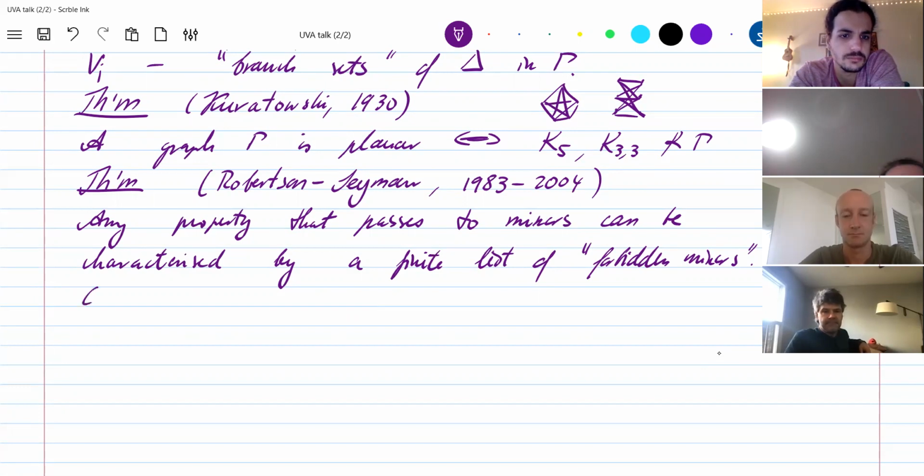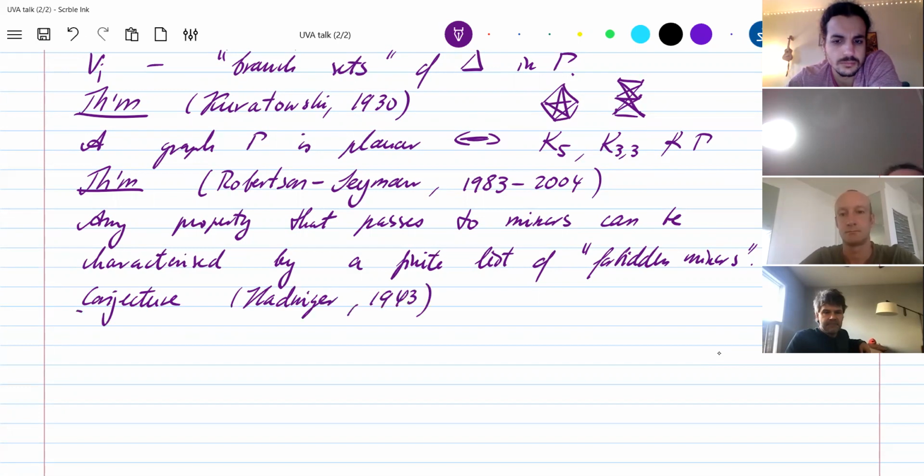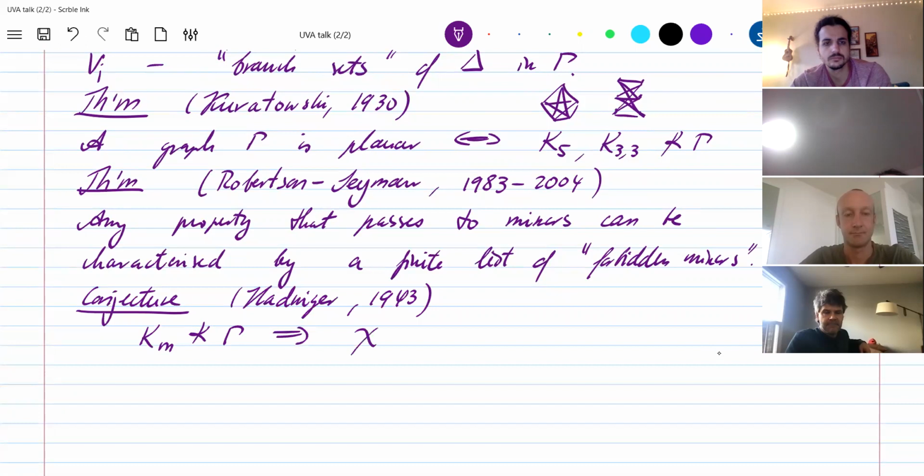And just to give more context, I think one of the big open questions in classical graph theory is a conjecture that concerns minors as well. This is the Hadwiger conjecture, made in 1943, which says that if we don't contain the complete graph on m vertices as a minor, then our chromatic number is bounded above by m.